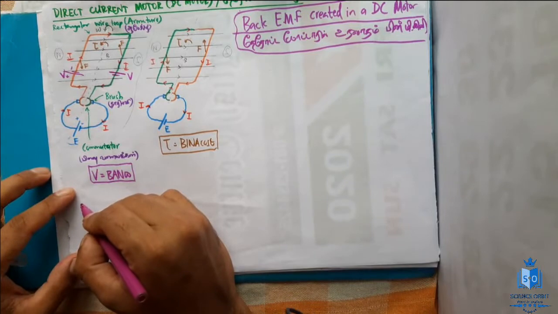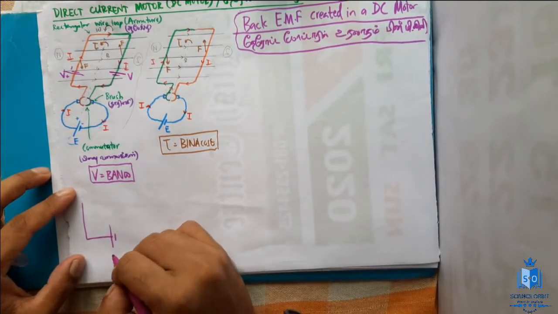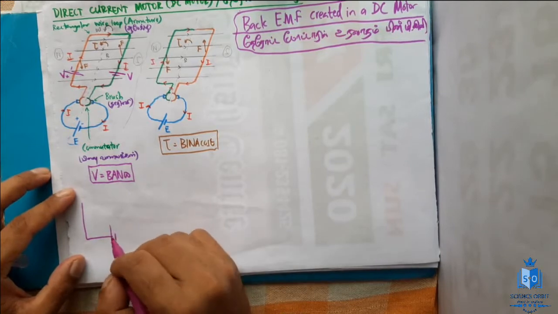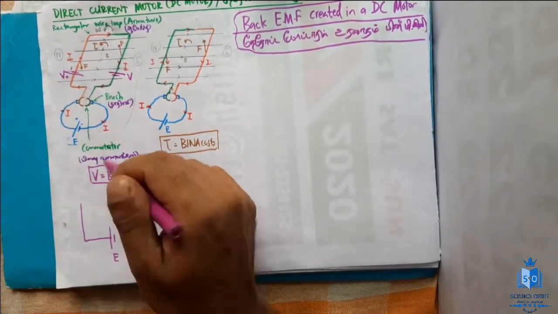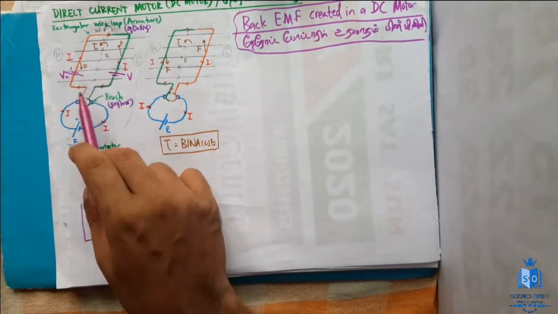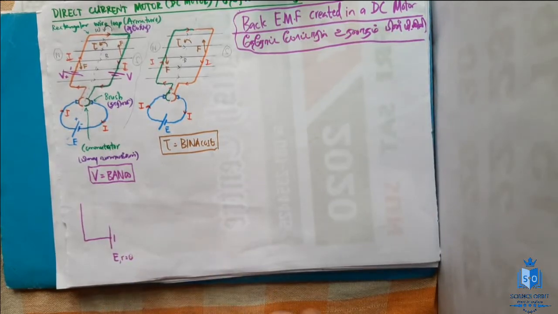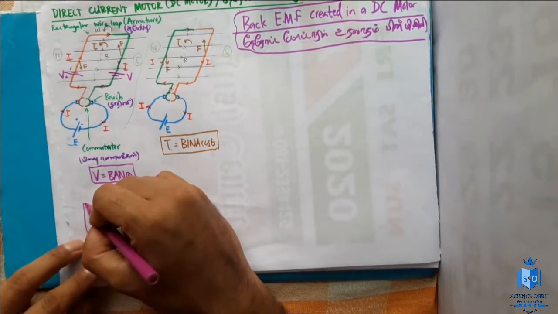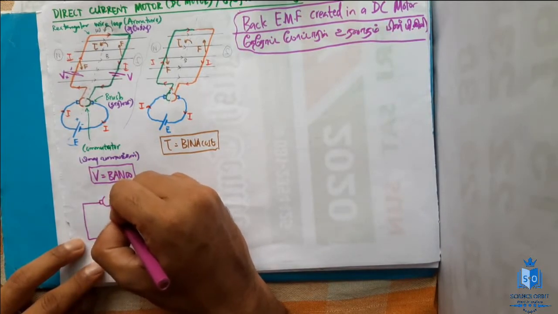First of all, let's draw the battery. This is the battery I'm drawing, capital E. That is the supply which is supplying the current for the armature, the rectangular wire loop rotor. Let's assume that R, the internal resistance, is 0. And then we have the motor. For the motor, people use different symbols. I'll use this symbol. This is how the motor looks.